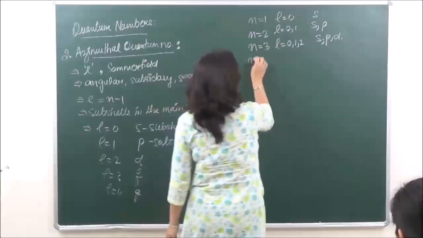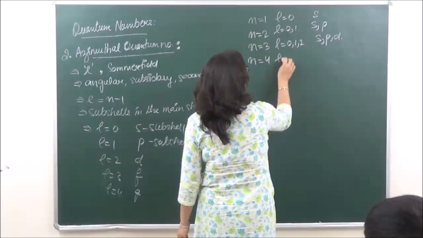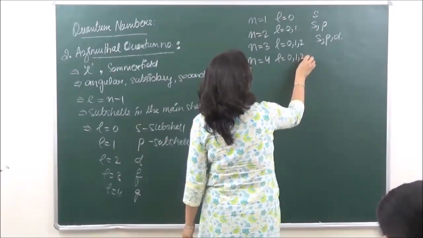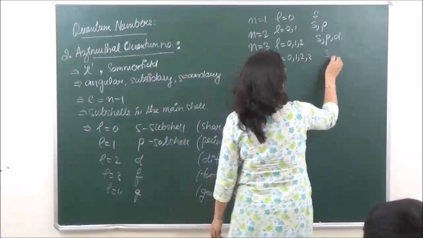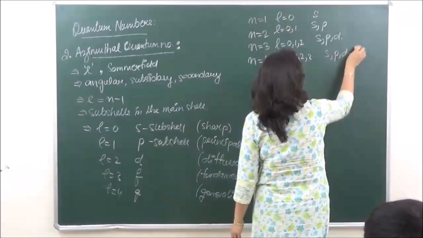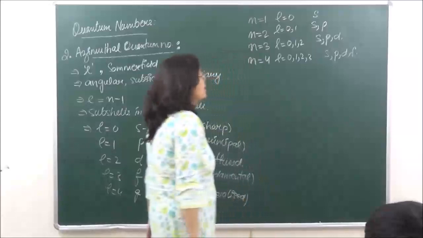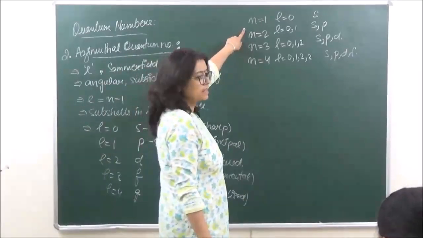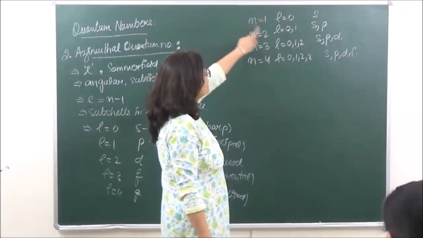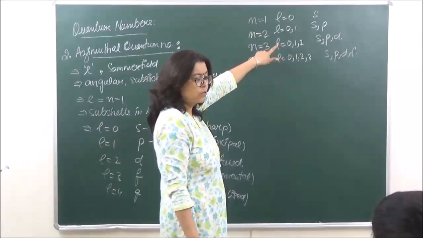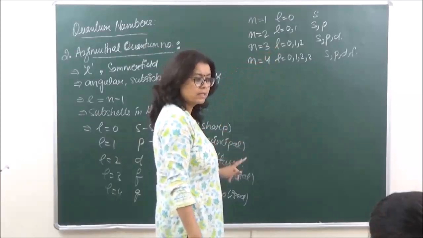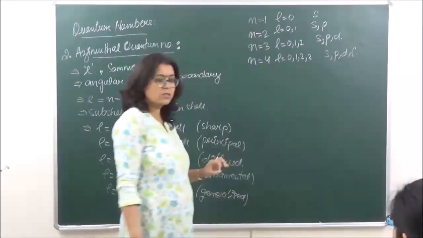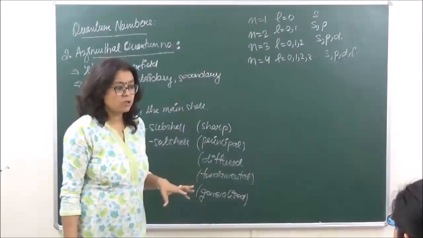And if n is equal to 4, L is equal to 0, 1, 2 and 3, and the subshells present would be S, P, D and F. Now this data suggests that when n is equal to 1, we cannot have P, which means 1P does not exist, or 1D does not exist, or 1F does not exist.